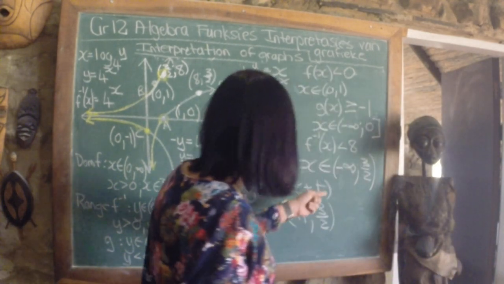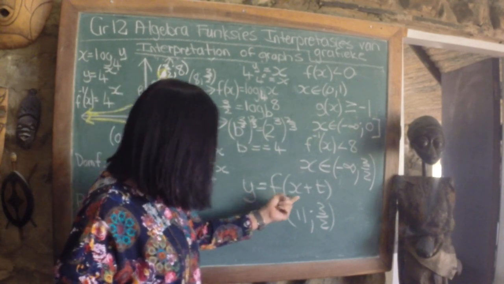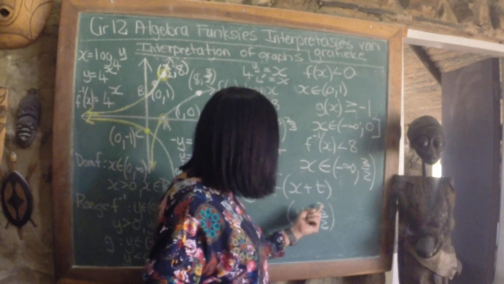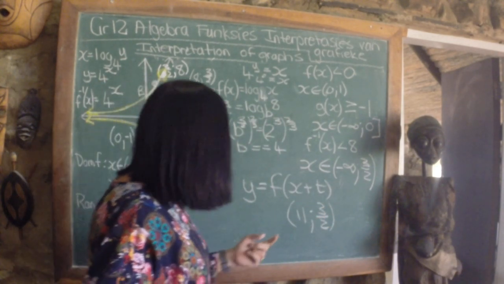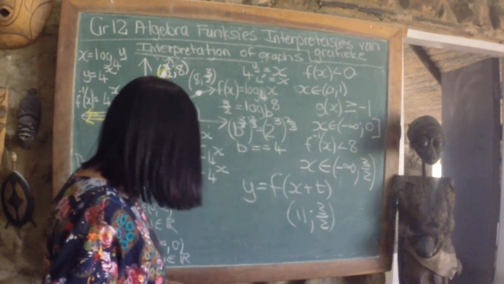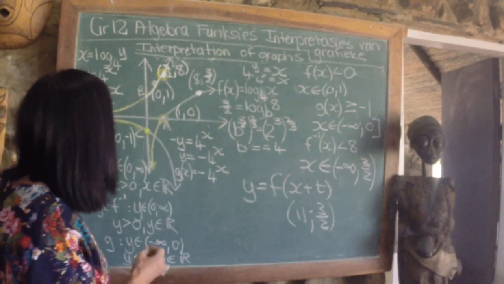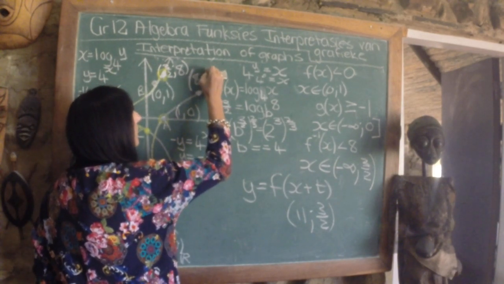Determine the value of t. As 'n nuwe funksie fx plus t deur die koördinaat 11, 3, 2 gaan. What's the value of t? So let's go to our function f and we're going to have a look at this coordinate over here. 8 en 3 op 2.